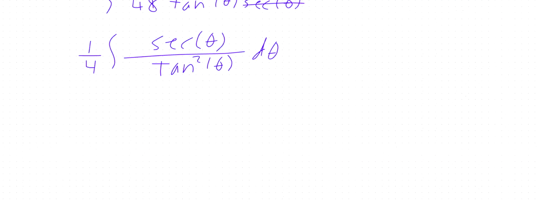So cosecant, or excuse me, secant is 1 over cosine. And then tangent is sine over cosine, but it's flipped. So this is going to be a cosine squared over sine squared.